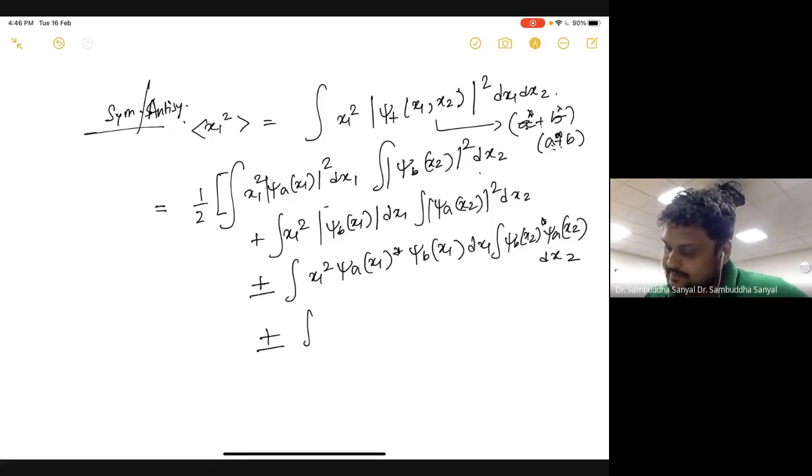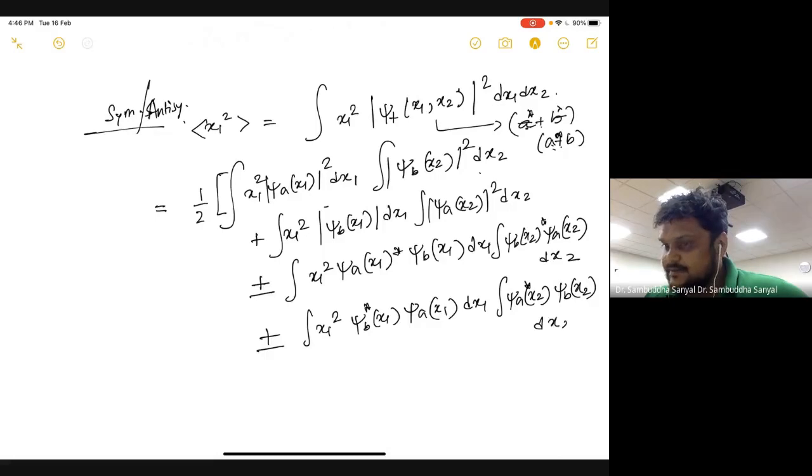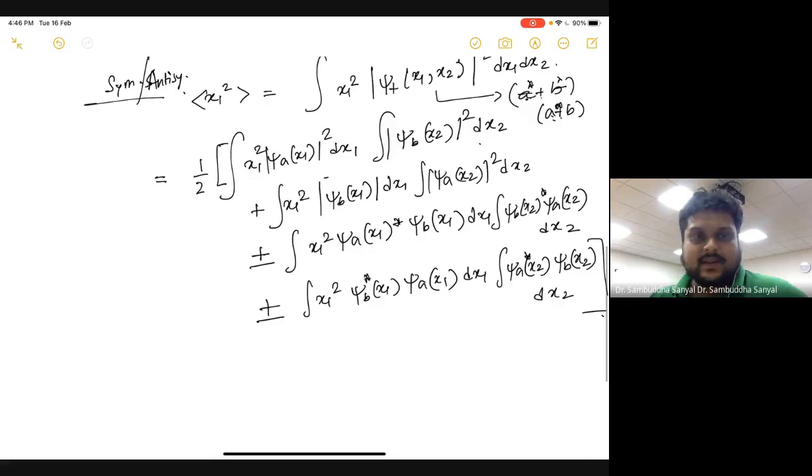So that is x1 square, psi b x1 star psi a x1 dx1, psi a x2 star psi b x2 dx2, right? So everybody with me? It's a very simple calculation, but since we have a lot of time, I'm going slowly, because I have very little to talk about today.